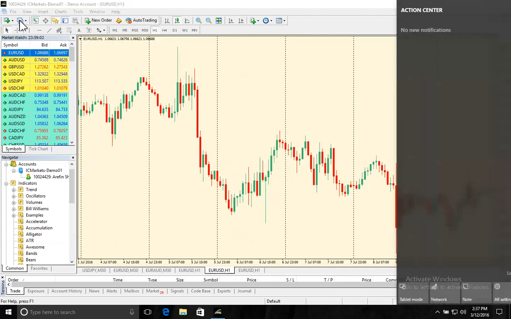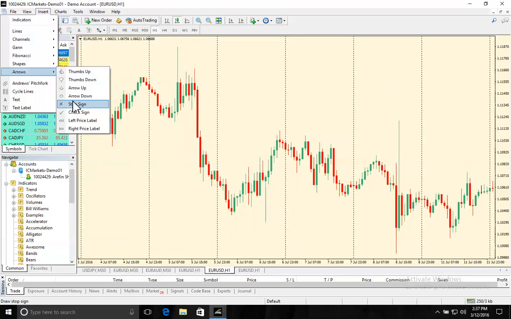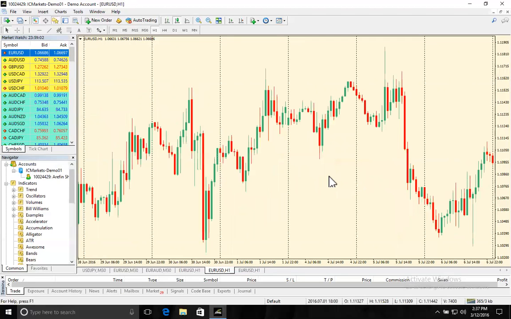Reversal, this one, reversal bearish. This is one, and this is another one. There is the third one.